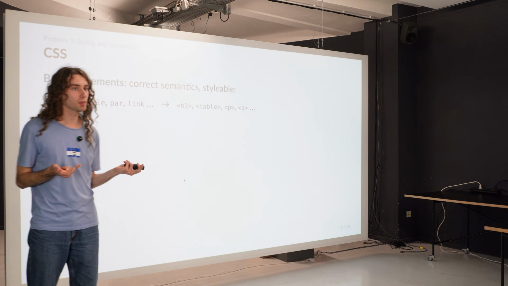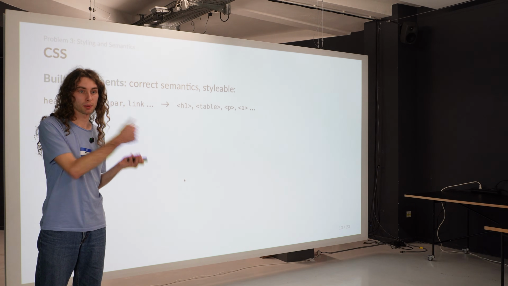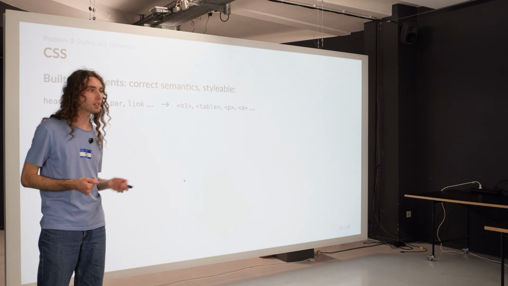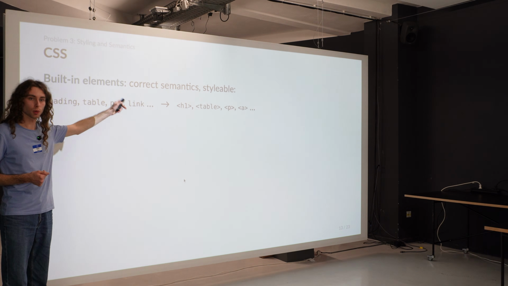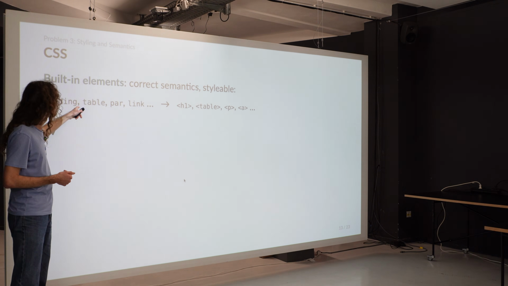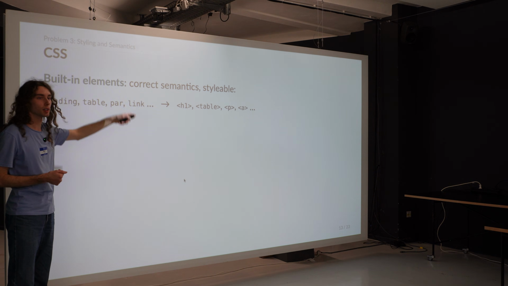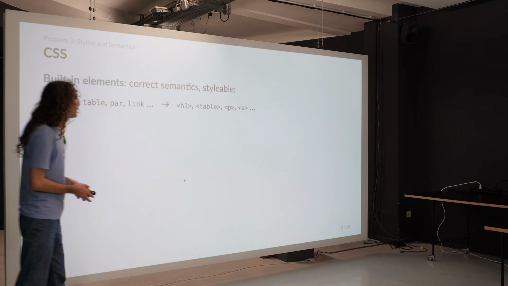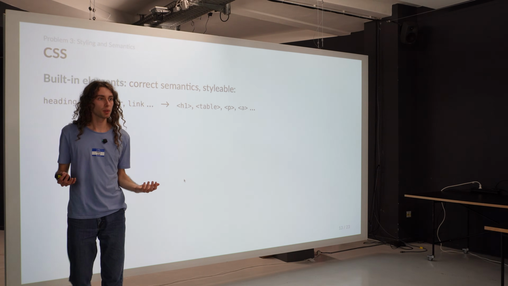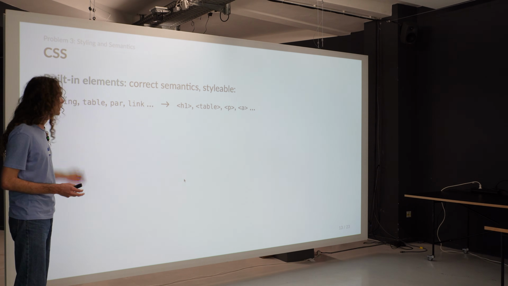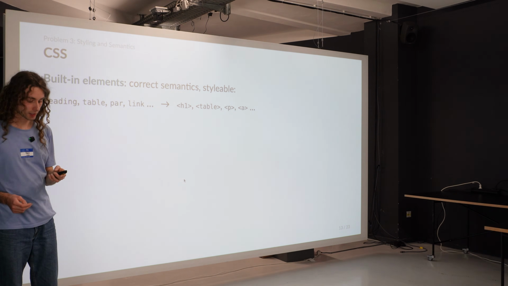With the built-in elements, this is no problem because they translate directly to HTML tags. Headings are translated to H1, H2, H3, and so on. Tables are translated to tables, and so on. And then you get these nice HTML elements which carry similar semantics as the Typst elements, and you can also address them in CSS.